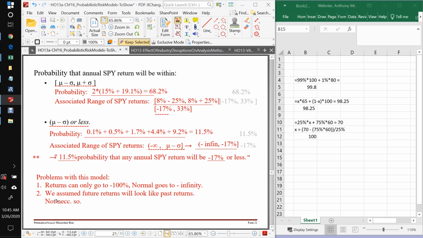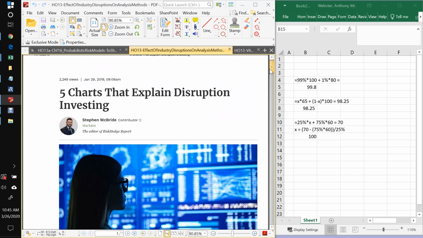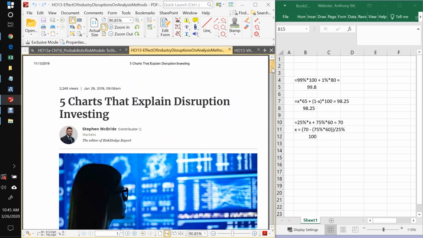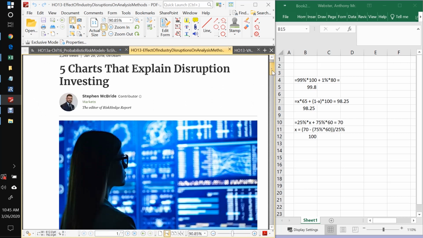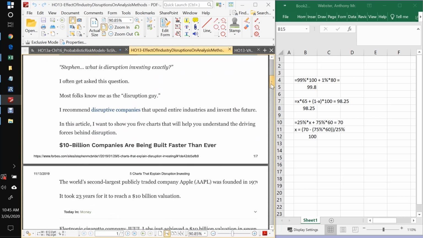Okay, so a real good example showing how future returns may not look like the past comes from this article that I've put in readings for us. And this guy who's writing this article is explaining his form of investing that doesn't so much assume a future will look like the past kind of model.